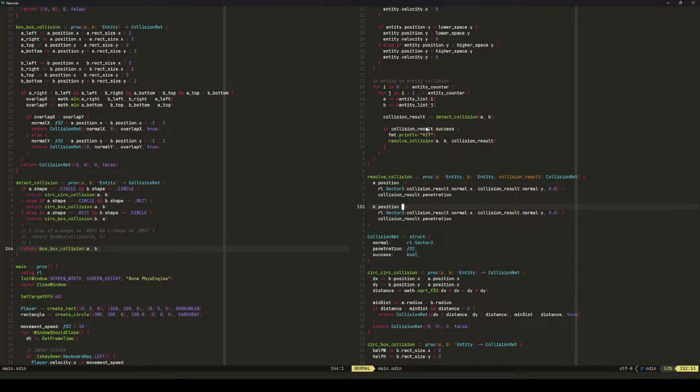Is it actually projecting something different, or is it the A position, the B position? Hmm. How does it?